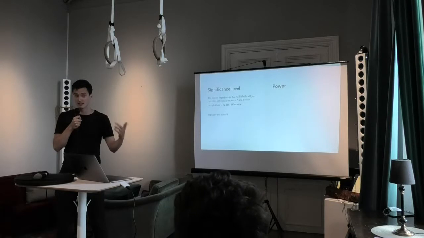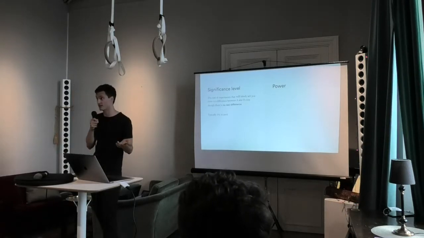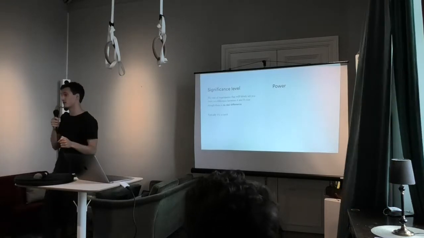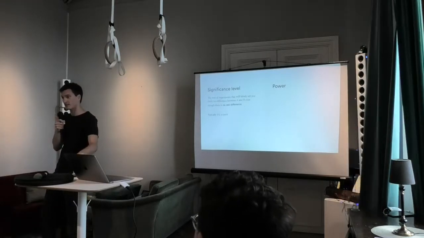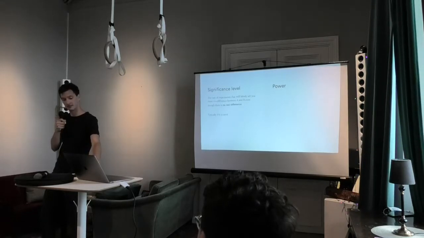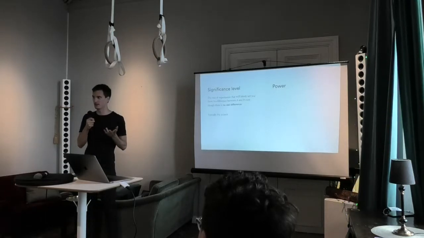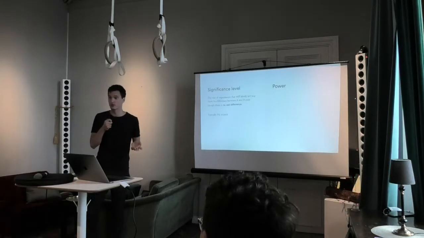But if you would do an AA test over and over again 1,000 times, and you have significance level 5%, then in 5% of those experiments, you would say, we have a statistically significant difference between these two groups. So feature A is better than feature A. And of course, that's not the case. It just happens to be so by random fluctuations between the two groups you have.